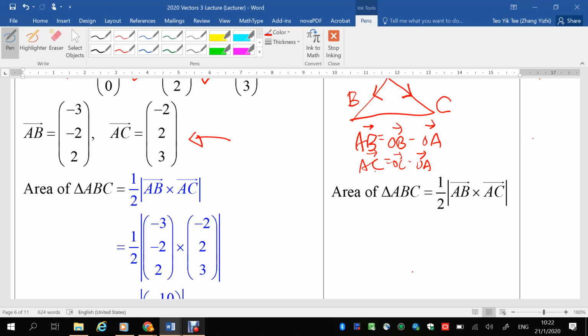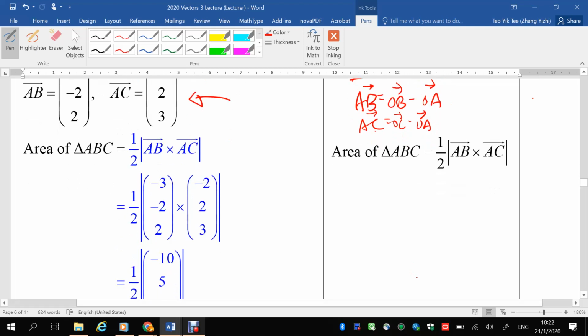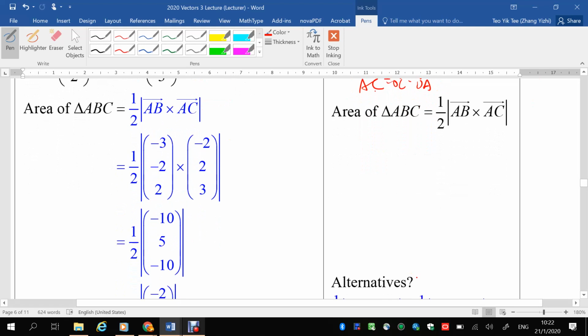Cover the first row, cross. Cover the second row, cross, then follow with an extra negative sign. Cover the third row, cross. Make sure you know how to do it numerically. Drive it into your brain once and for all. You should arrive at minus 10, 5, minus 10.